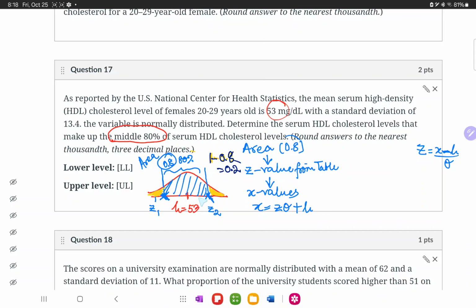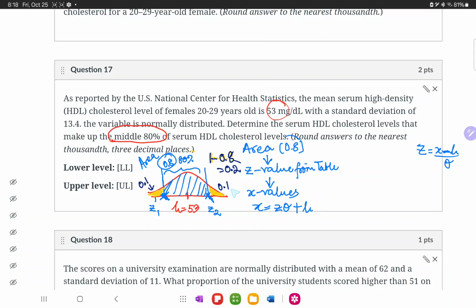but we need to know the area on each side. Because this is a symmetric curve, each end is going to have a value of 0.1 because it's going to be evenly distributed. All right, so even though the total area of these yellow regions is 0.2, because it's symmetrical, you can divide it evenly by 2.